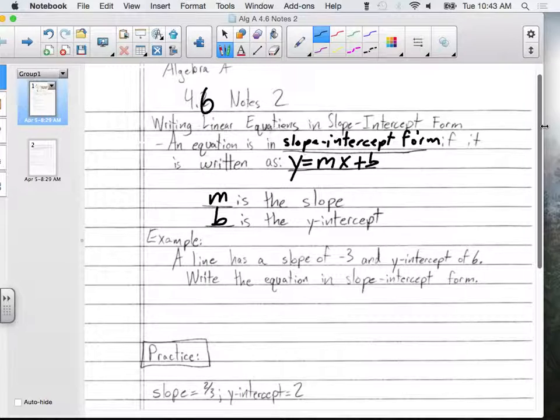No, it's a subtraction. So how could we turn this so there is an addition sign there? Y equals 4x plus negative 2. So what Cody just did there is he added the opposite. So now there's an addition sign there.